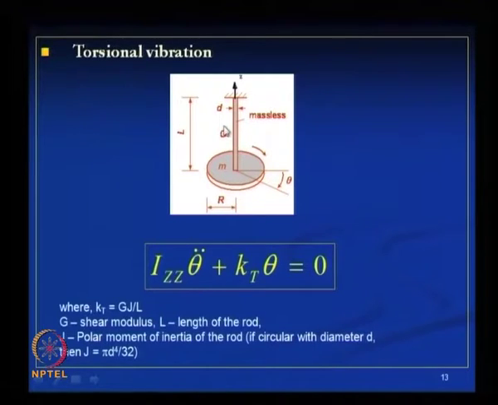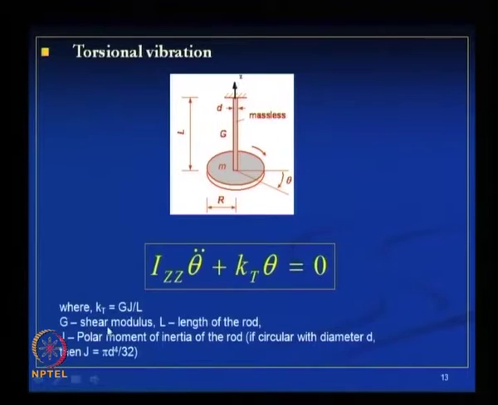In this type of rotational or torsional vibration, for a small rotation of theta, the equation of motion we have seen earlier can be expressed as I z z theta double dot plus k t theta equals 0, where I z z is moment of inertia about this z axis for the disc. And how to compute the k t, that I have not mentioned earlier. This k t can be computed as G J by L. What is G?